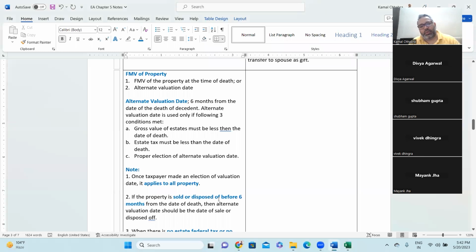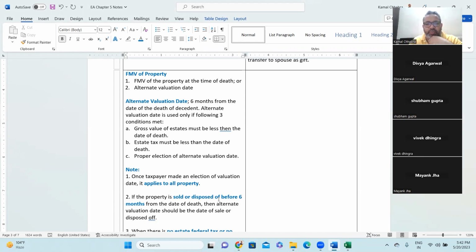So what it says is, if the property is sold or disposed of before 6 months from the date of death, then the alternate valuation date should be the date of sale.